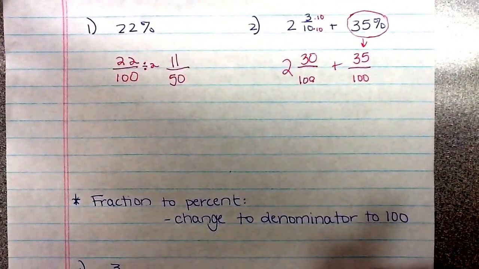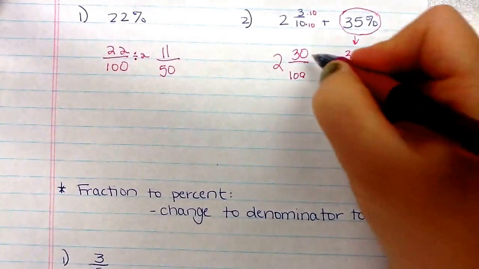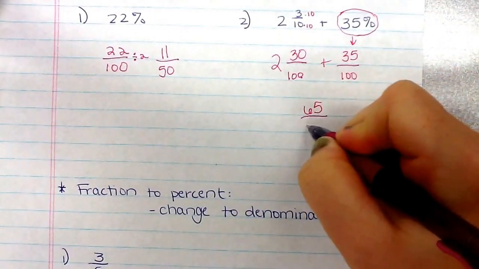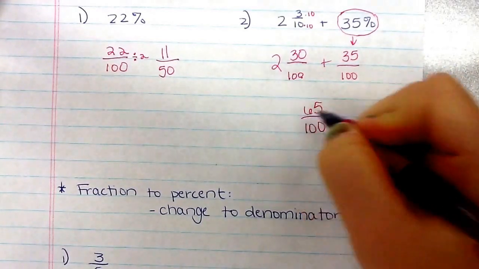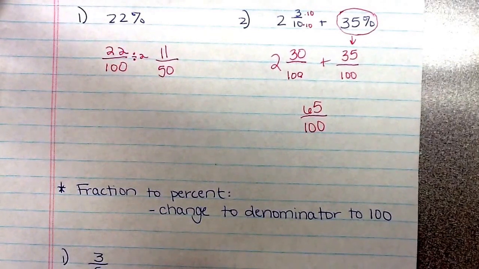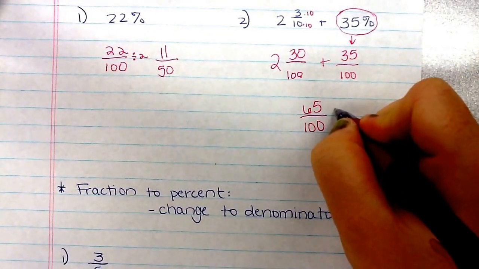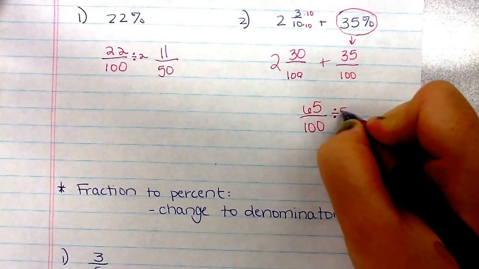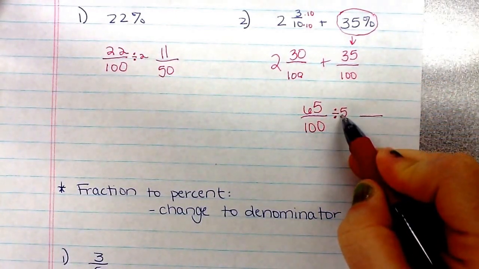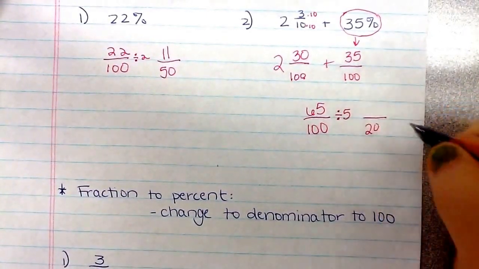And we've done this before. Okay. I have matching shoes, so if I add the tops, 65 over 100. What can you divide both 65 and 100 by? 5. 100 divided by 5 is 20.